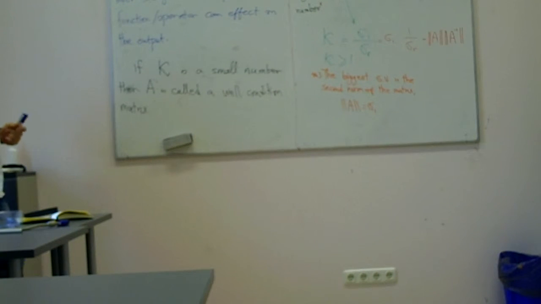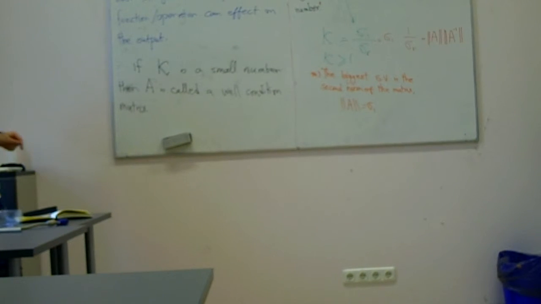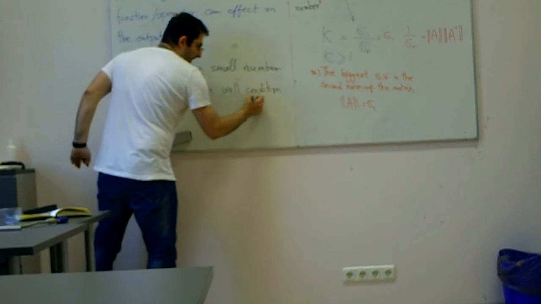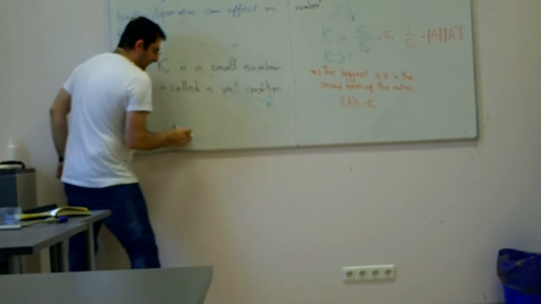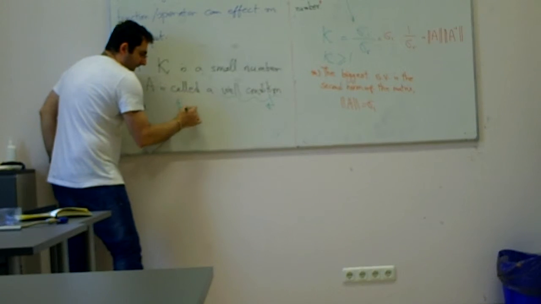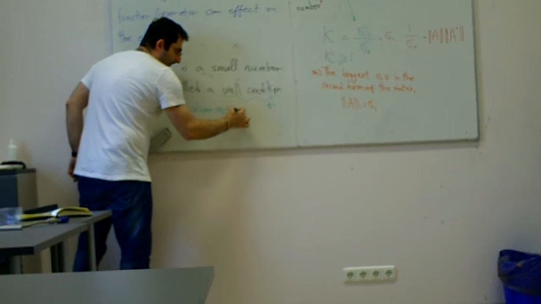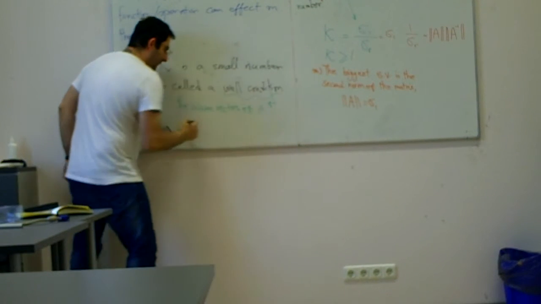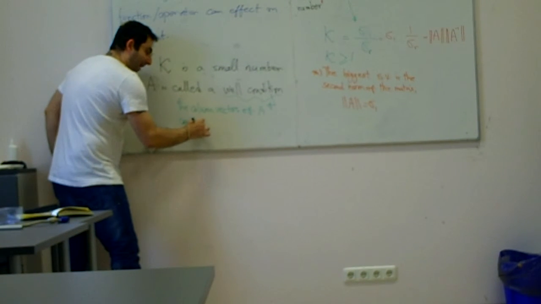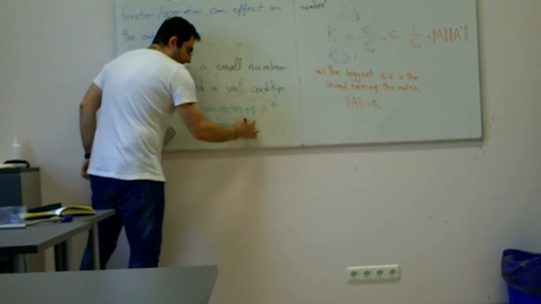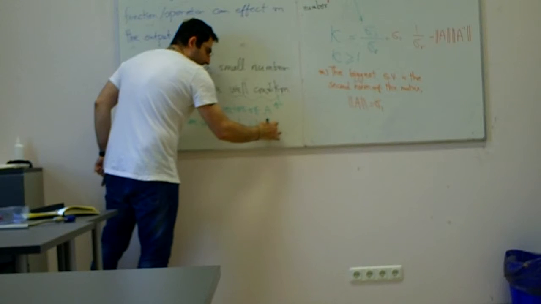What does it mean, well-conditioned? Well-conditioned matrix. You can read it in this way: the column vectors of A are well linearly independent.